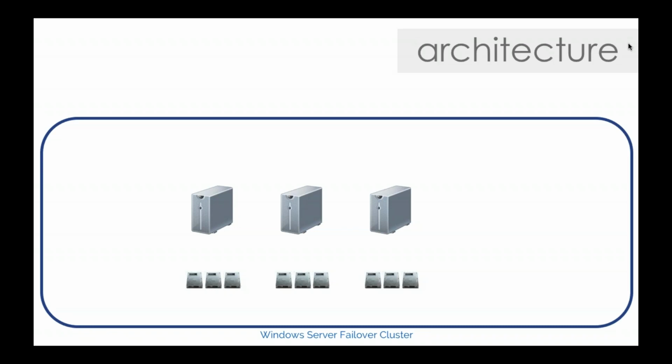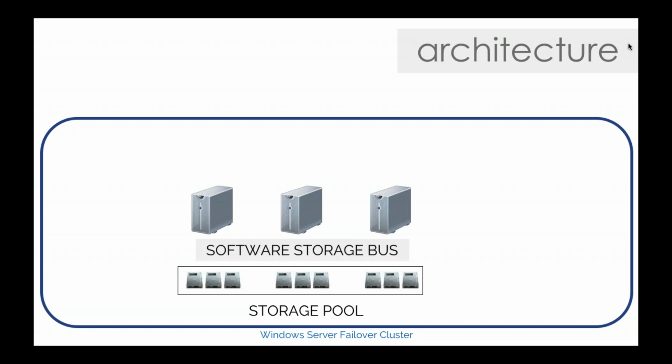Storage spaces direct will then leverage these drives and create one huge storage pool that you could use for any workload in your cluster. What makes this possible, again, is the fact that the failover cluster and storage spaces direct will create what is kind of new in Windows Server 2016. I say kind of because it's already 2018.